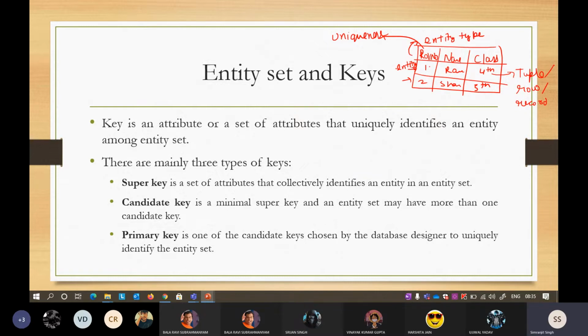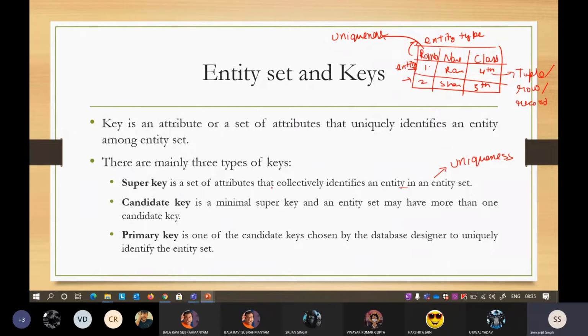Every record associated with you in the university is accessed by your roll number, because the name can be the same, but the roll number is always unique. In a similar way, a super key has the capability of uniqueness.